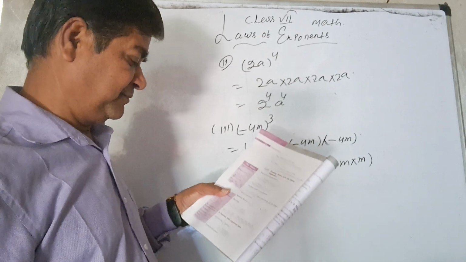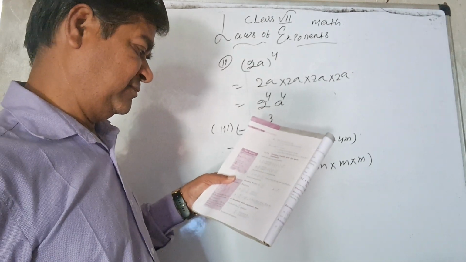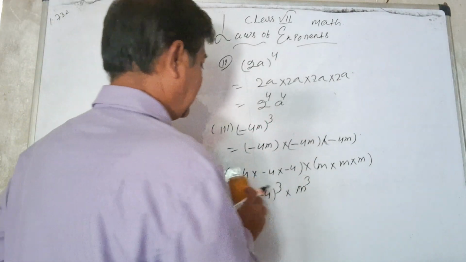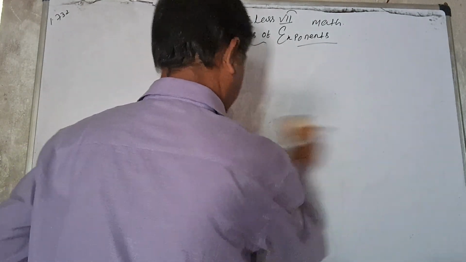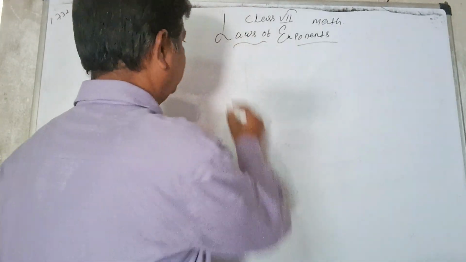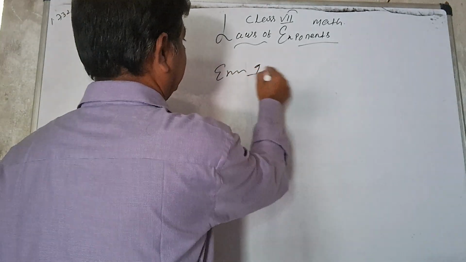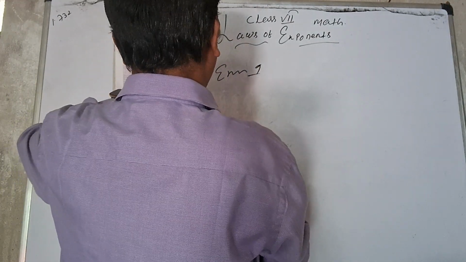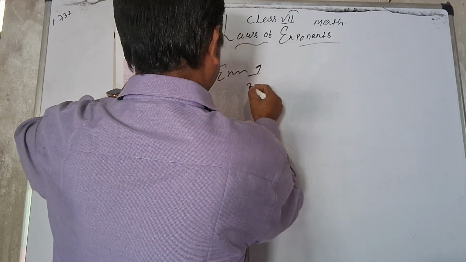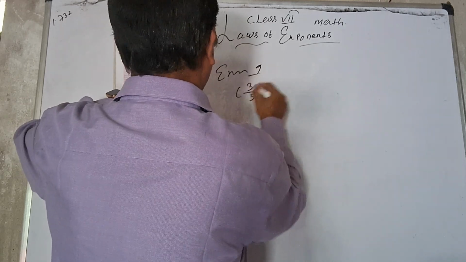Example 9 now. Expand. Here is the question: expand (3 by 5) to the power 4.